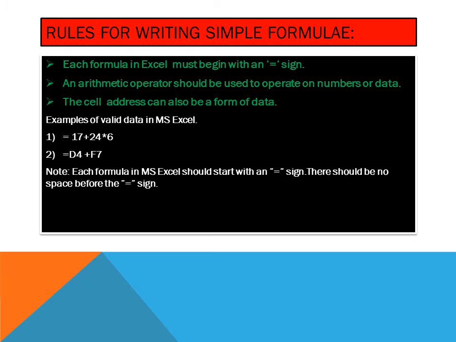Note, each formula in MS Excel should start with an equal to sign. There should be no space before the equal to sign. So following these rules, we can create any formula in MS Excel, and the formula that we would be using would be a valid formula to write and help us to convey the correct results.